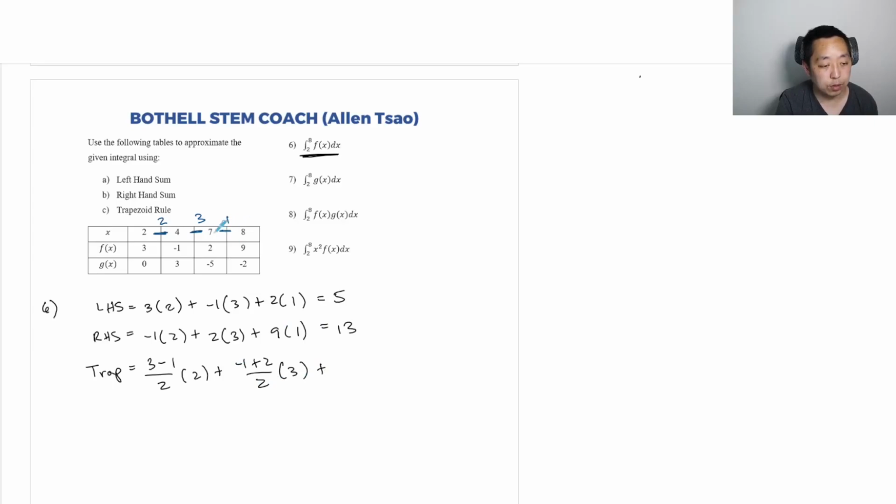And for the interval from 7 to 8, you're going to do the average of 2 and 9, right? Sorry, this is 2 because this is 1 here. This is 1/2. This is 3 halves. This is 11 halves, right? So 14, that's 9, I think.